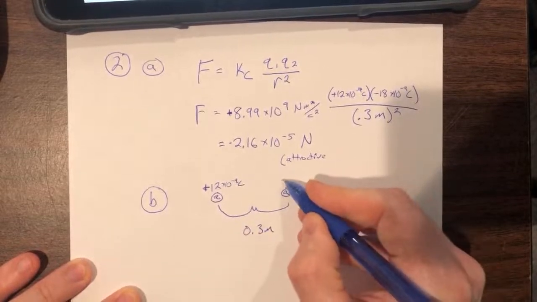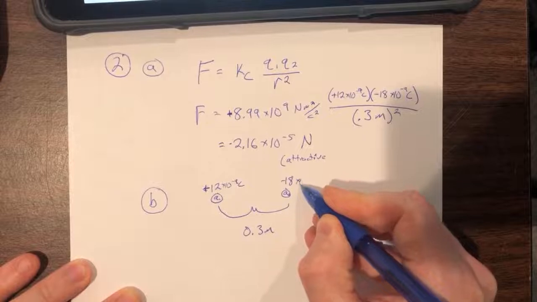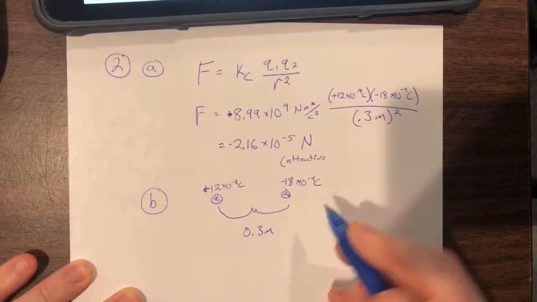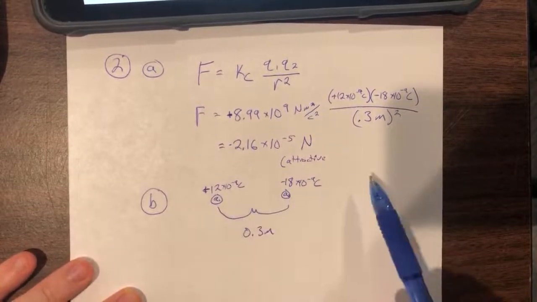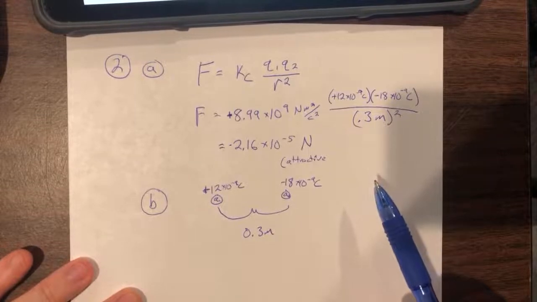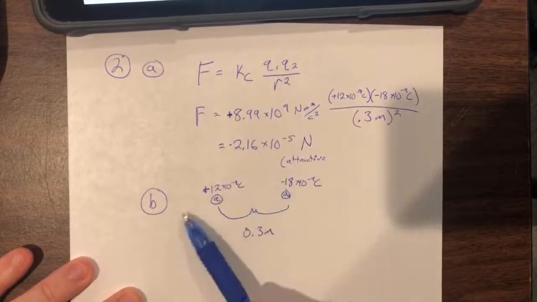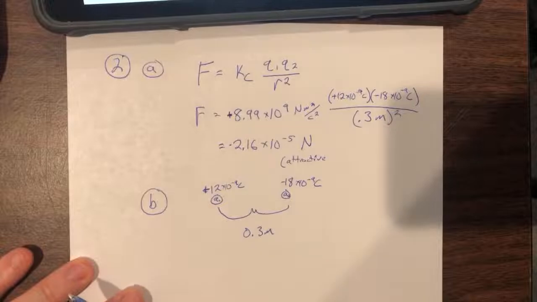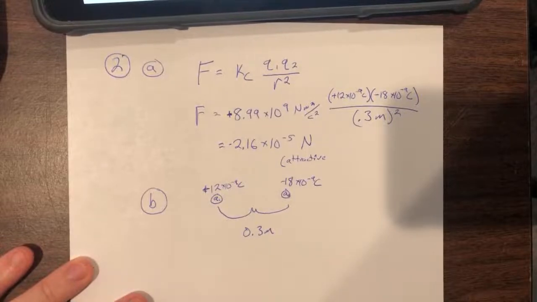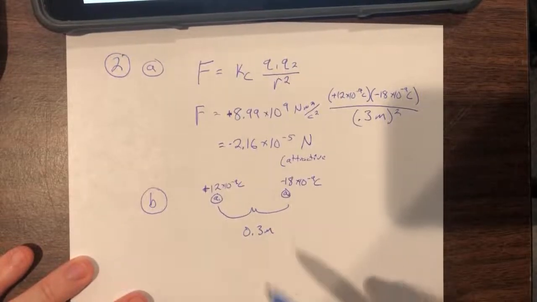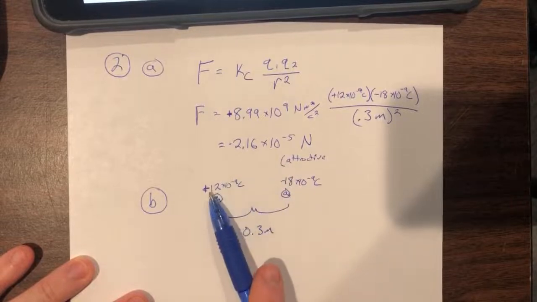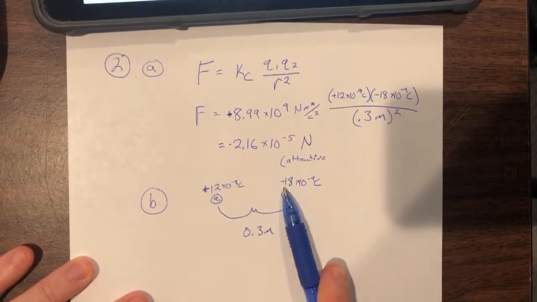And this one was negative 18 times 10 to the minus ninth coulombs. What's the charge once they're both exactly the same charge? Well, the simple way to do it is you'd add these two together and divide by 2, and that would be the total charge that each one would get. The total charge you have, right, is 12 and negative 18. That's going to be a negative 6.